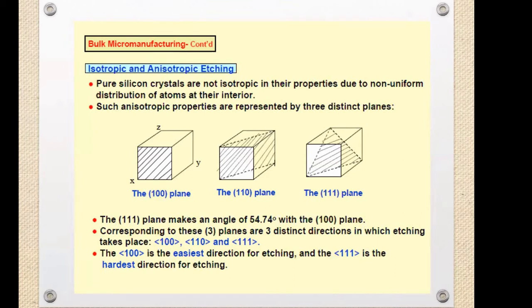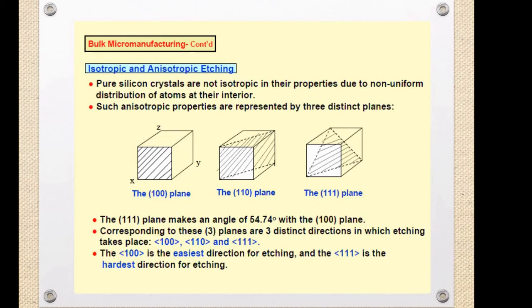So isotropic etching is hardly desirable in manufacturing because of lack of control of the finished geometry. An isotropic material is similar or the same in all directions.